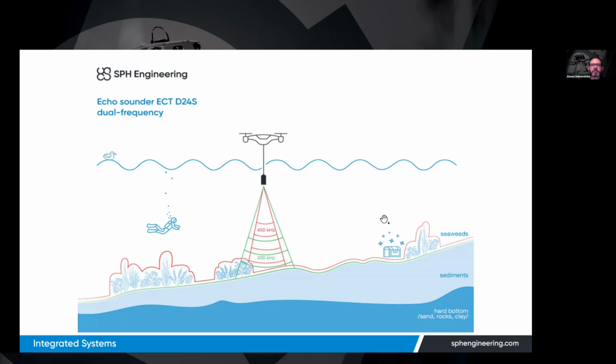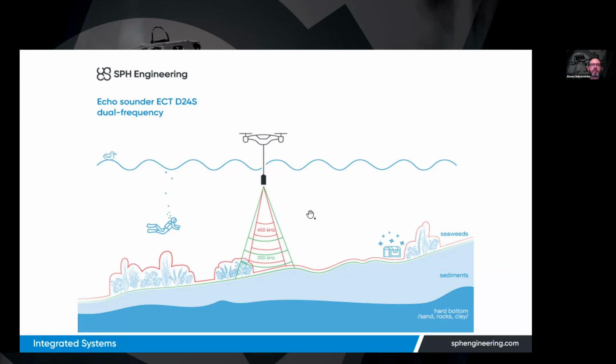High frequency sound, the same as for previous model, for 450 kilohertz, will give you measurements till first obstacle, first reflector. It can be top of bottom, or it can be seaweeds, anything on the bottom or in the water.